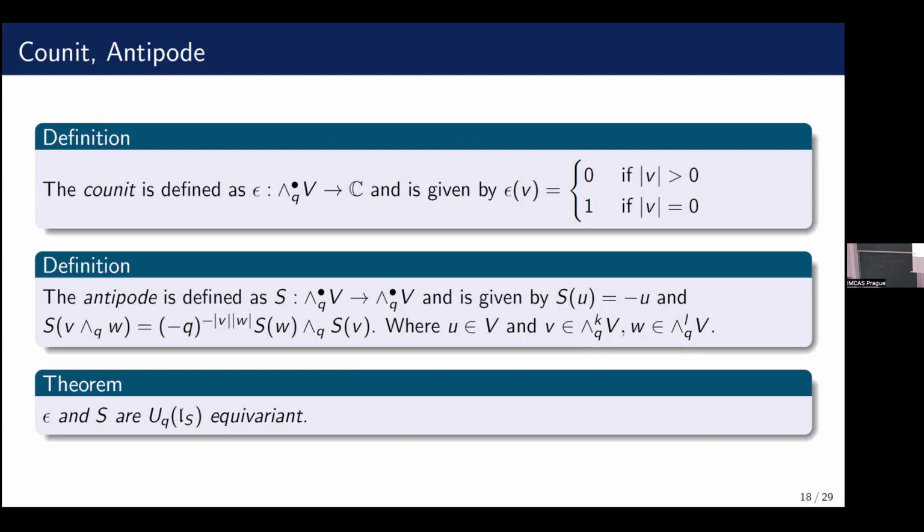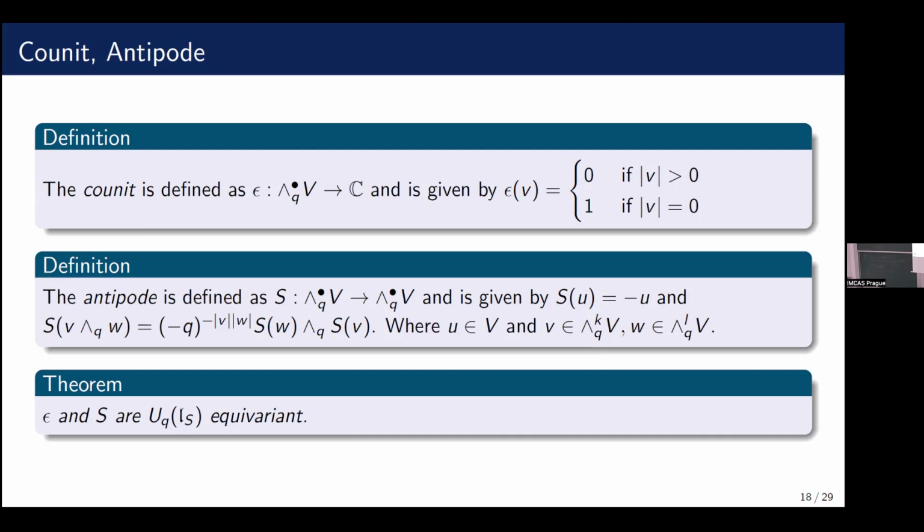Here we will define the co-unit and antipode. So the co-unit is defined like this. If your Q form has degree more than 0, then epsilon of that is 0. If it's degree 0, then it's 1.